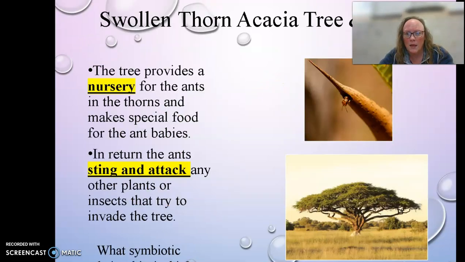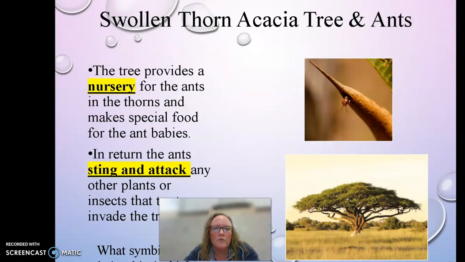These are some examples. I'm going to try to move myself so I'm not in the way. We have, I'll go down here, the swollen thorn acacia tree and ants. The tree provides a nursery for the ants in the thorns and makes special food for the ant babies. In return, the ants sting and attack any other plants or insects that try to invade the tree.